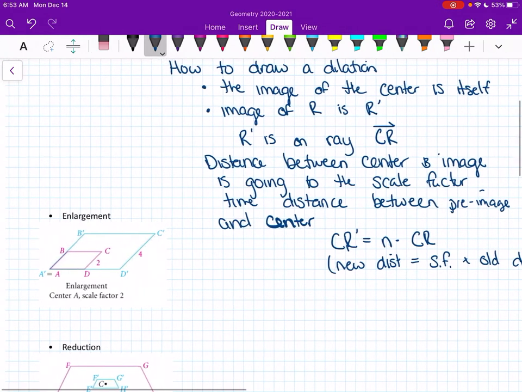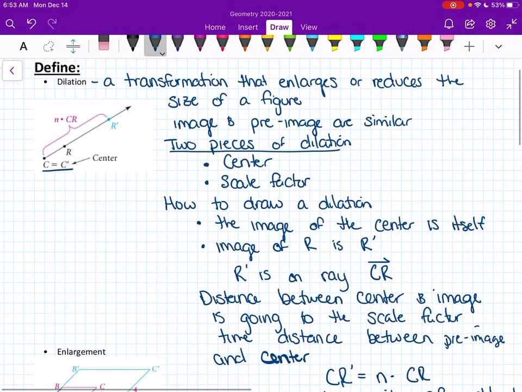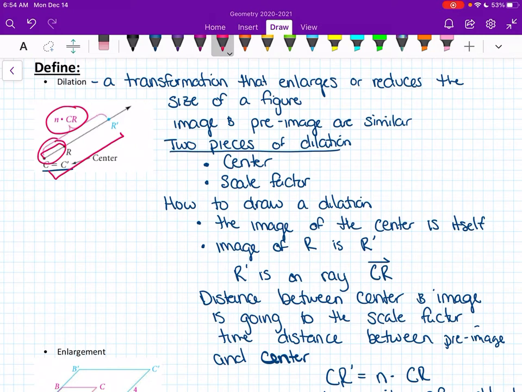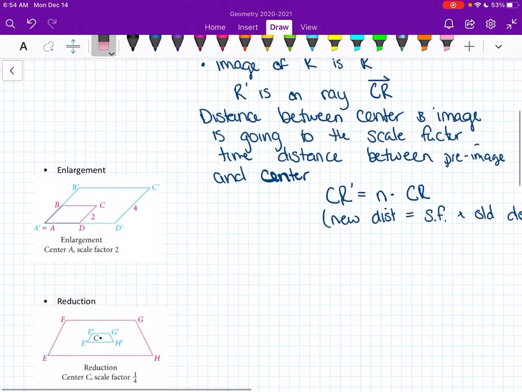Sorry, my notes are going up here a little bit. All right, so the new distance, which is N times CR, is from C to R prime, and CR is from C to R. So I multiply this by the scale factor, and that's how I know how far R prime will be on that ray. All right, we're going to do some examples for this. It'll make a little bit more sense in a minute.